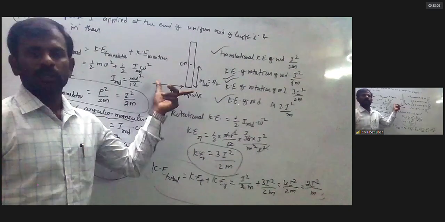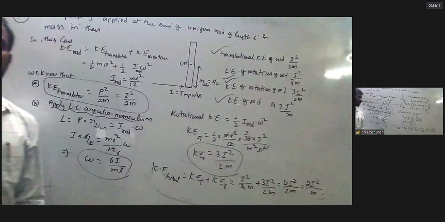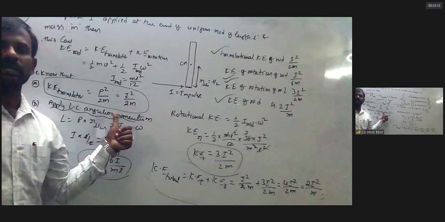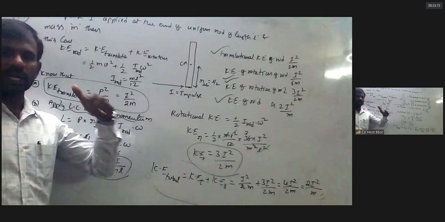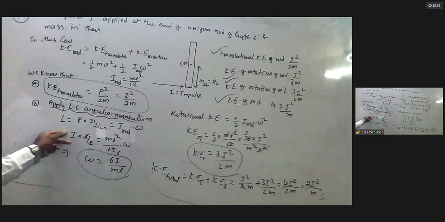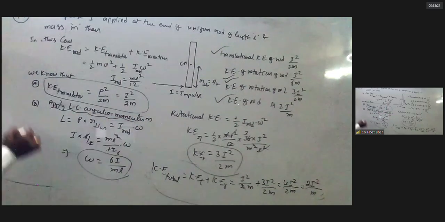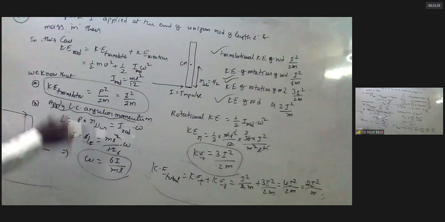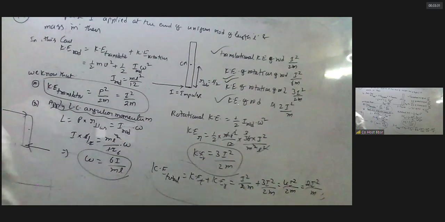So due to the internal torque, the momentum of the system remains constant in linear motion, but in angular motion, angular momentum is constant. Next class, this one only we will do more. One bullet this side, one bullet this side, how it can rotate, how we use this conservation of momentum, one by one we will discuss.